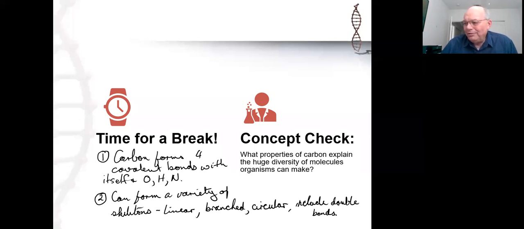But we know that there are linear forms, branched forms, circular forms, double bonds can be included, not just single bonds. We can have even a triple bond if we want. And the variety just goes on and on and on because of all of this. And so those are the two properties of carbon that account for the diversity of organic molecules that organisms are capable of making.